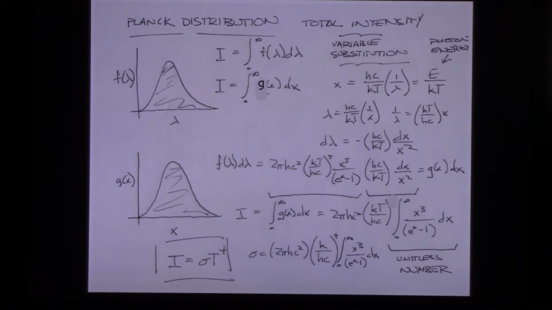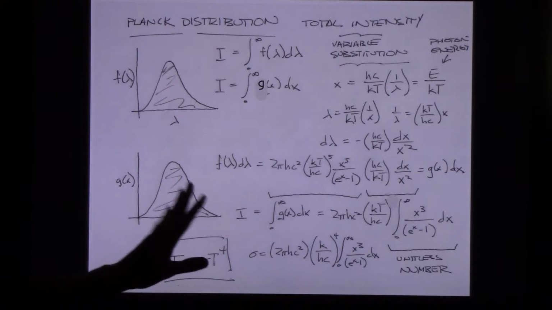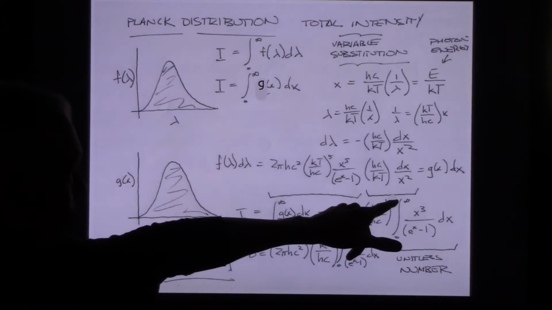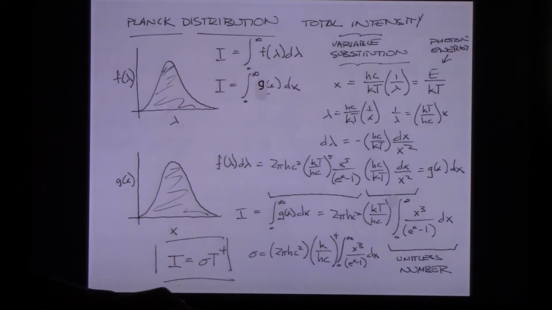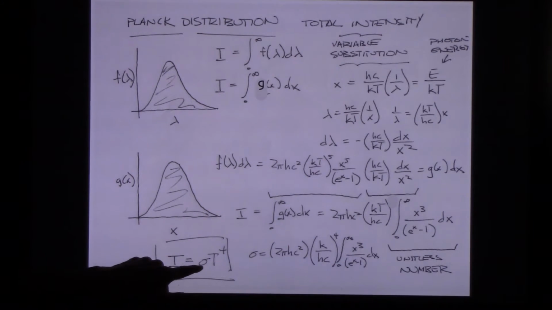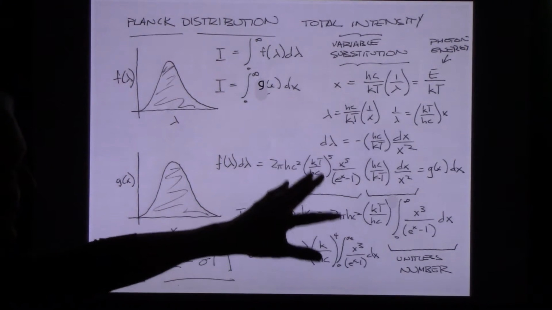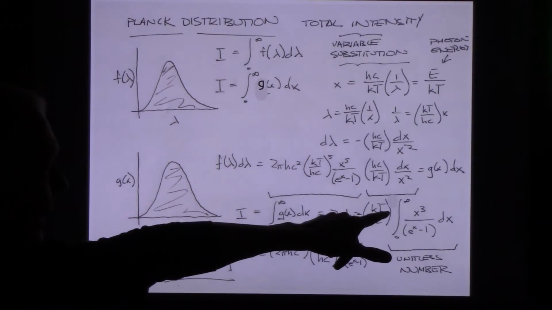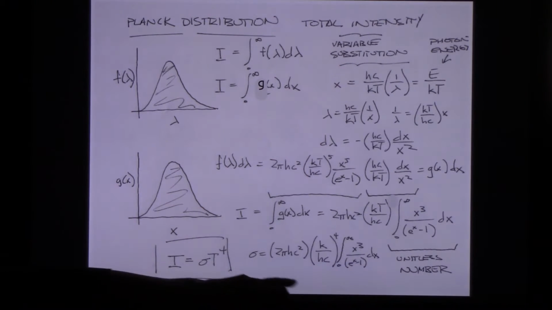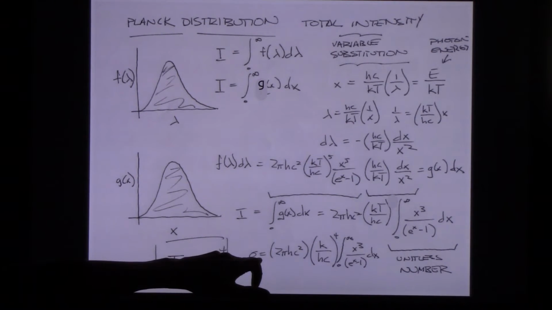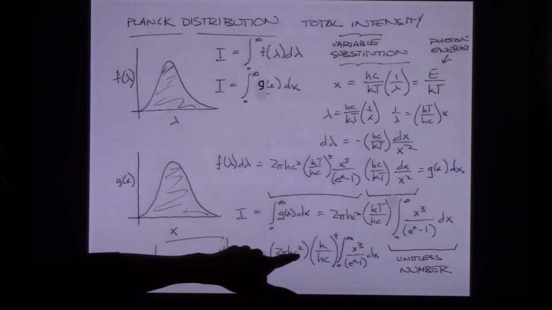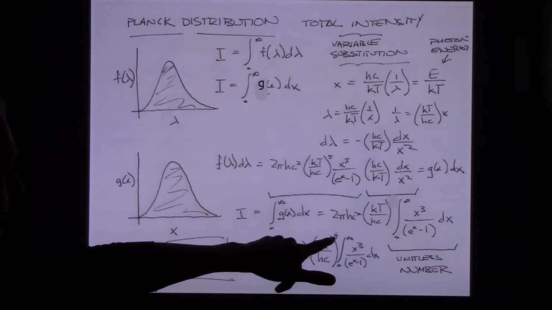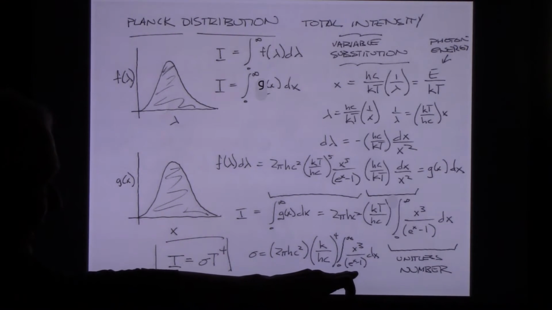And what we can recognize is this is T to the fourth power, and that I can now identify where sigma is. The Stefan-Boltzmann constant consists of everything except for the T to the fourth. So sigma, the Stefan-Boltzmann constant, would be 2 pi h c squared, Boltzmann's over h c to the fourth power, times that integration.